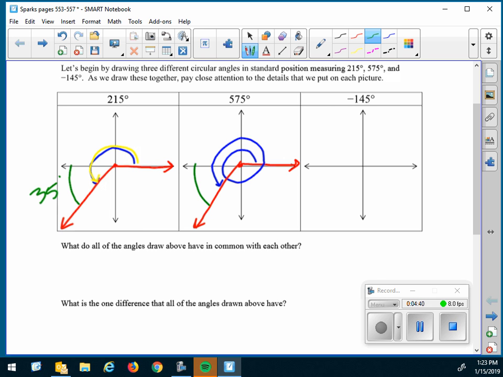And 215 minus 180 is 35 degrees. Now, you also could have thought of it this way. 180, 360, 450, 540. So 575 minus 540 is 35 degrees as well.